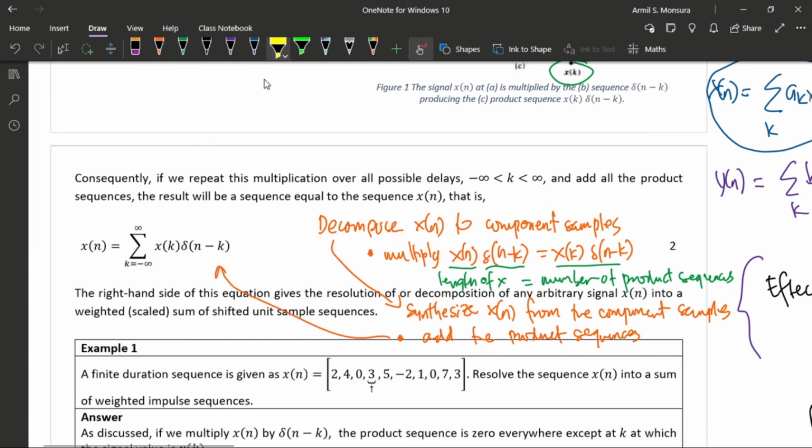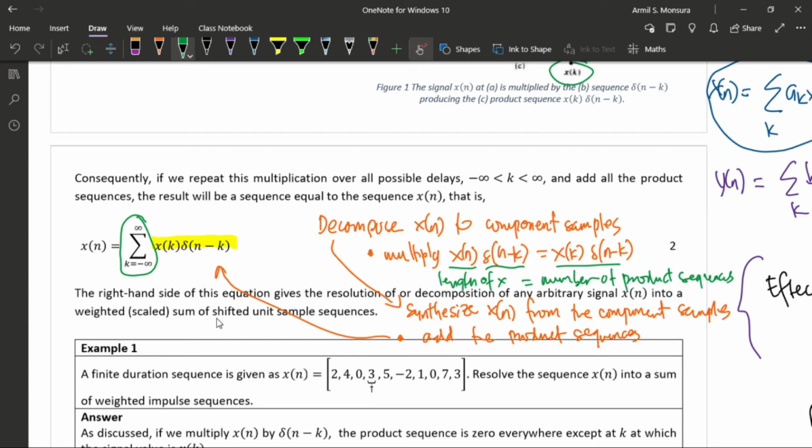At yung add the product sequences na yon is actually given by this equation. So, recall na ito yung product sequence nyo, x of k times delta n minus k. If you add all of the product sequences that you have formed during the decomposition process, then you would be able to form x of n again.